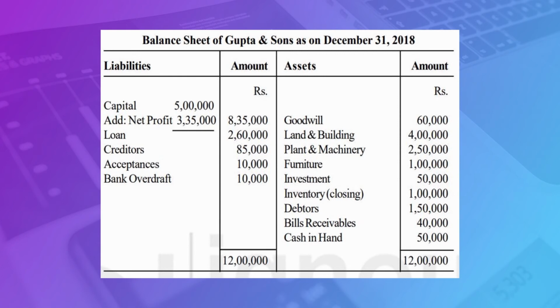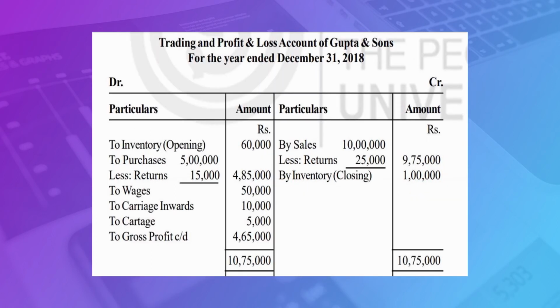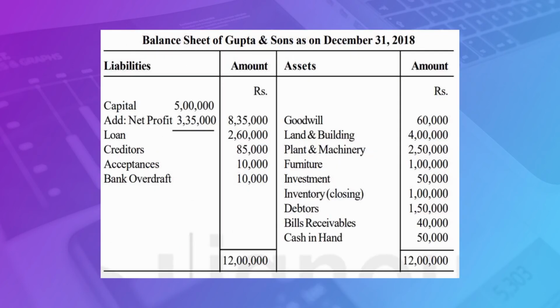Whereas, if you see at the top of trading and profit and loss account, what is written? Trading and profit and loss account of Gupta and Sons for the year ended 31st December 2018. So, here trading and profit and loss account is prepared for a particular period, whereas the balance sheet will be prepared on a particular date.